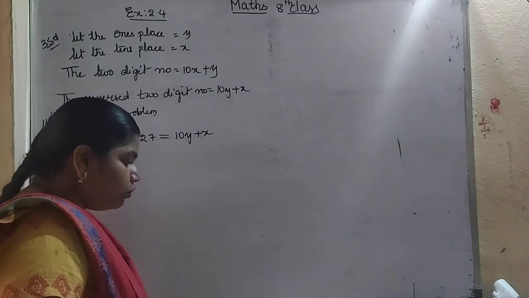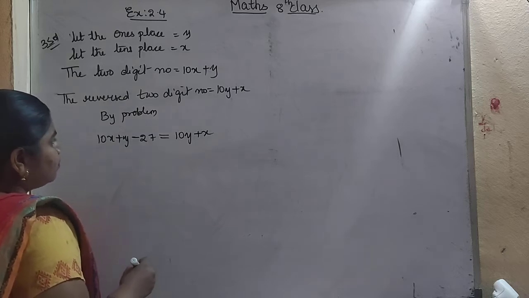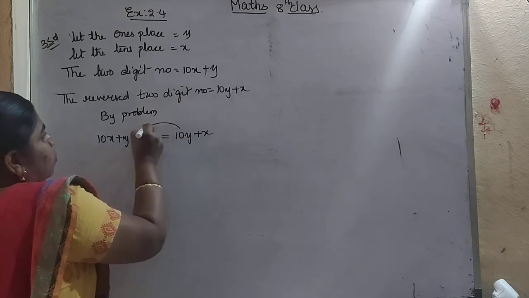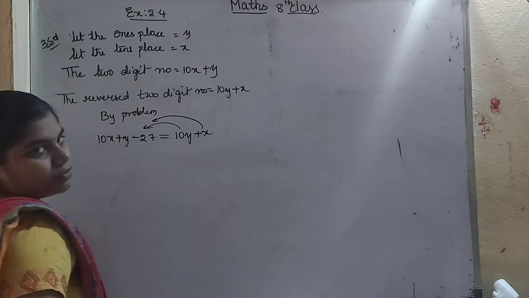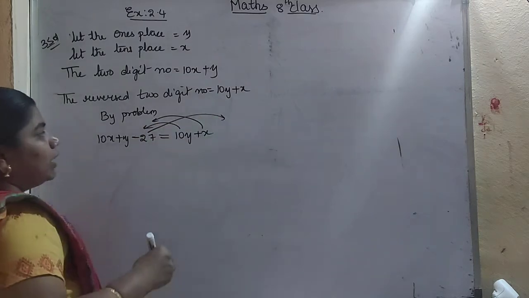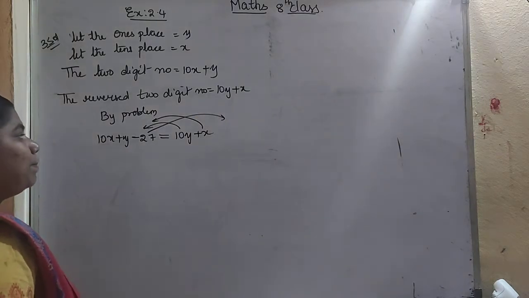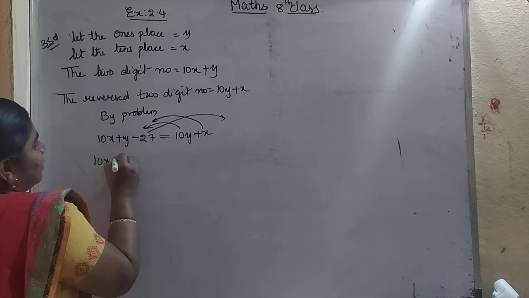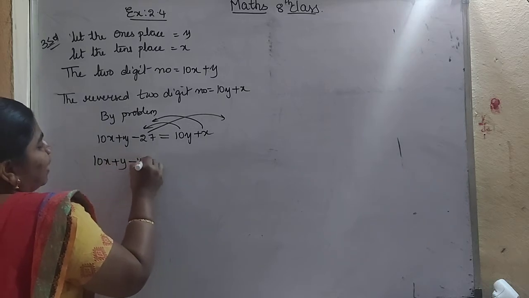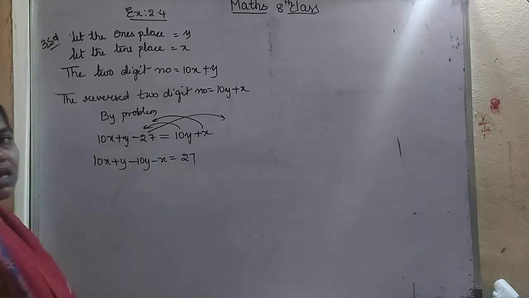So now we have to solve this. So how to solve this? I am bringing all these terms to this side. I am transposing all the values to this side. And this minus 27 I am taking to the other side. I am transposing minus 27 to the other side, that will become plus. So it will be 10x plus y minus 10y minus x is equal to 27.